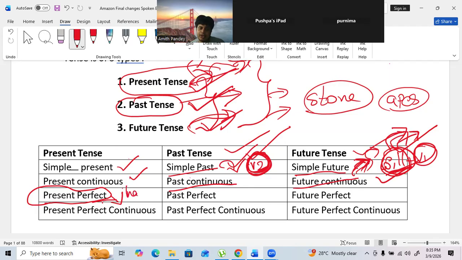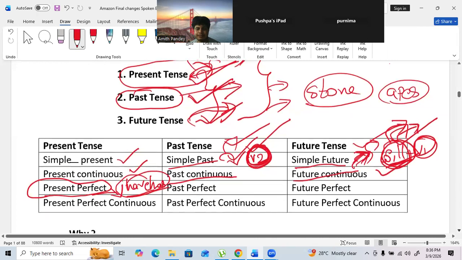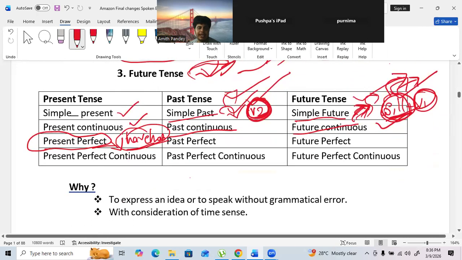And then he came up with the concept of have or has, like I have taken my lunch, he has taken his lunch. Whereas again, the argument started that if I can express the same thing using simple past, like I ate, I had, then why do I have to use present perfect? And thus the debate started, and the solution came later on.